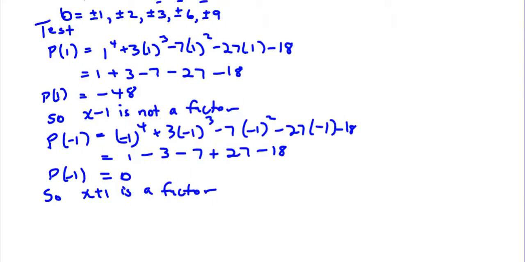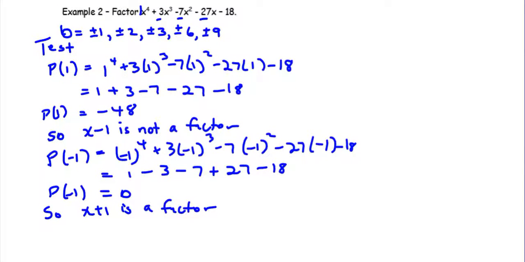So now what I can do is I can start either my long division or my synthetic division. So let's just do synthetic division. So I'm going to take the coefficients, which are 1, 3, minus 7, minus 27, and minus 18.